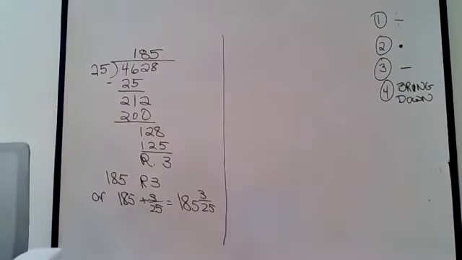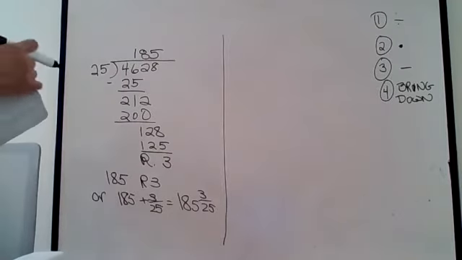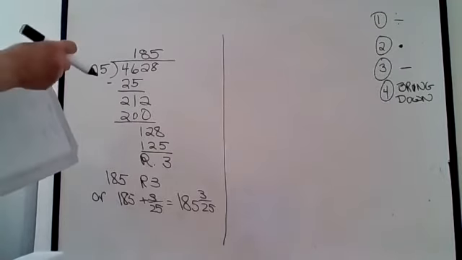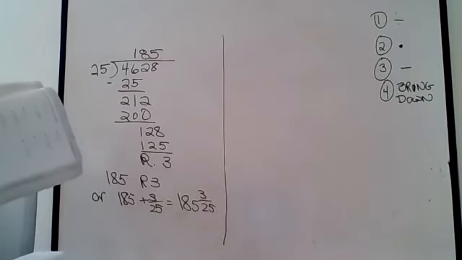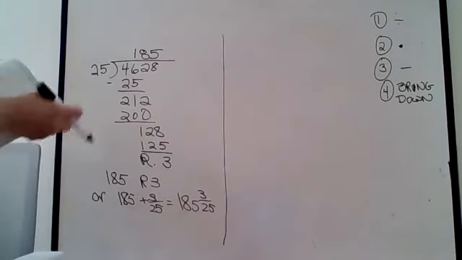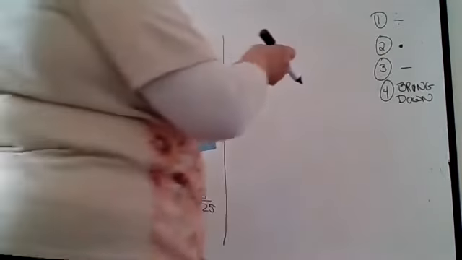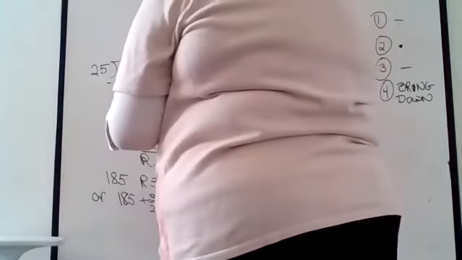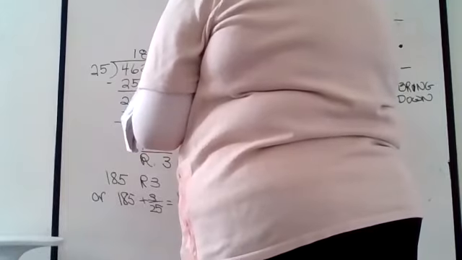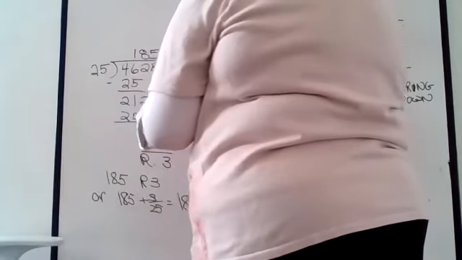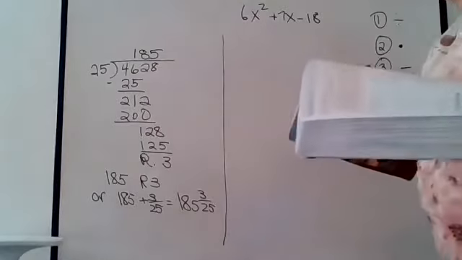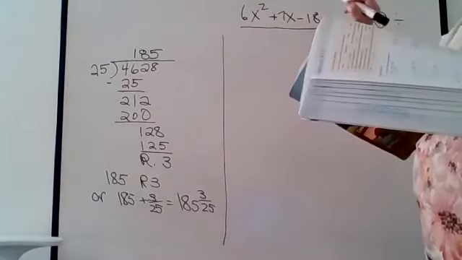How does this work with polynomials? So let's say I gave you an example like this. I want to divide 6x squared plus 7x minus 18 by 3x minus 4.